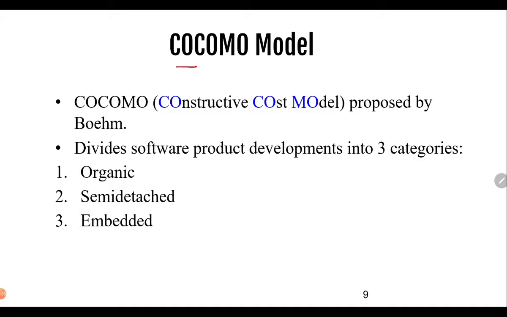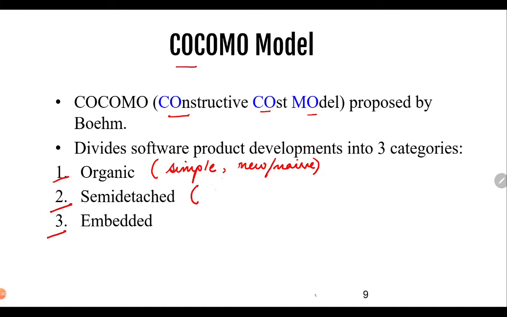This COCOMO model stands for Constructive Cost Model, and it was proposed by Barry Boehm. This COCOMO model is responsible for dividing software product development into three categories. We call them organic, semi-detached and embedded. Now organic is for very simple projects and for those projects where the developers are very new or naive.